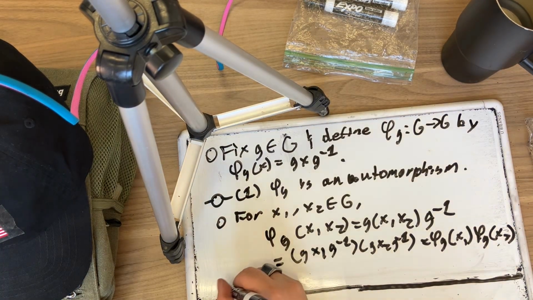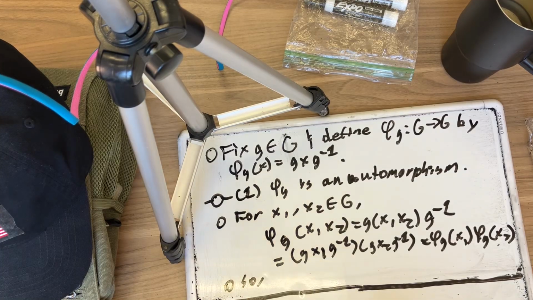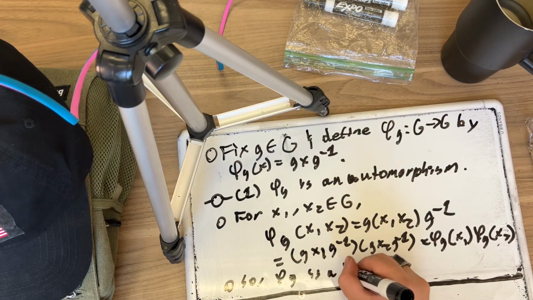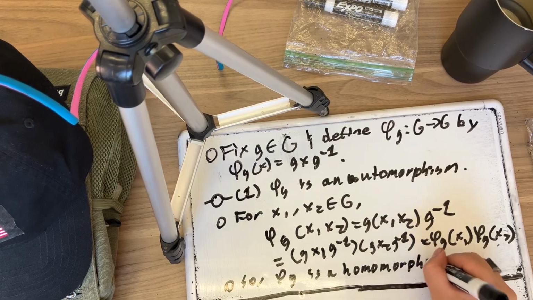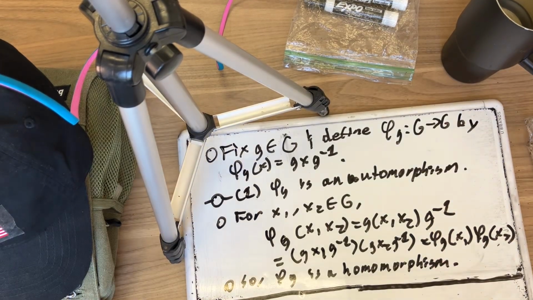So we can at the least say that phi sub g is a homomorphism. Now let's see if it's bijective, after I erase this.